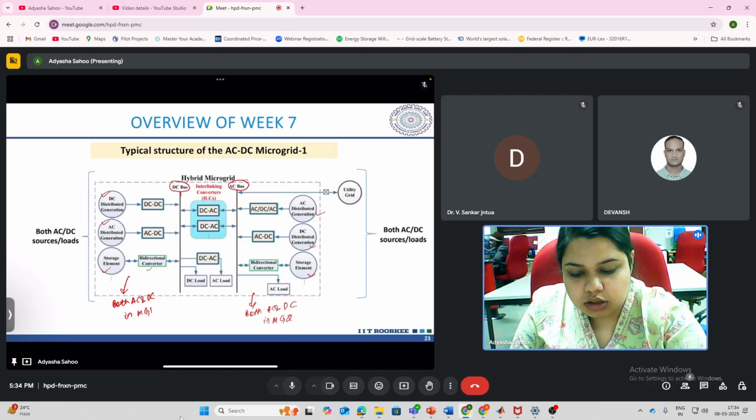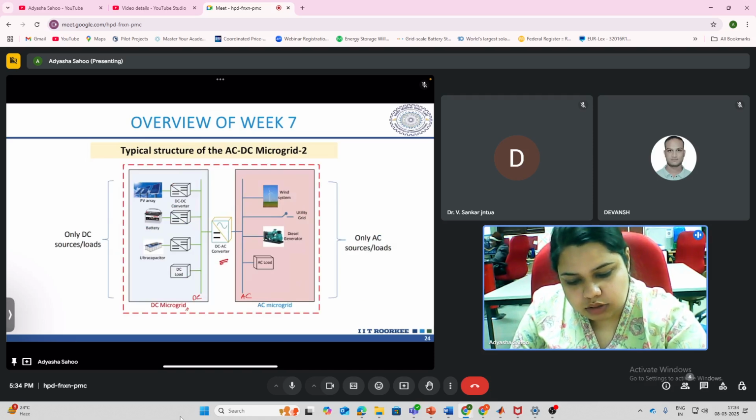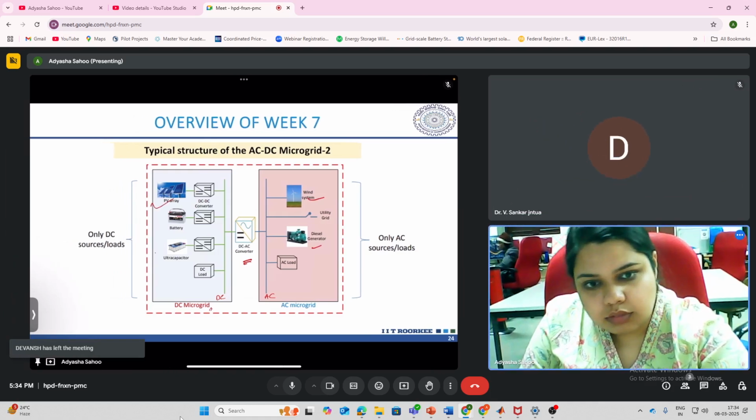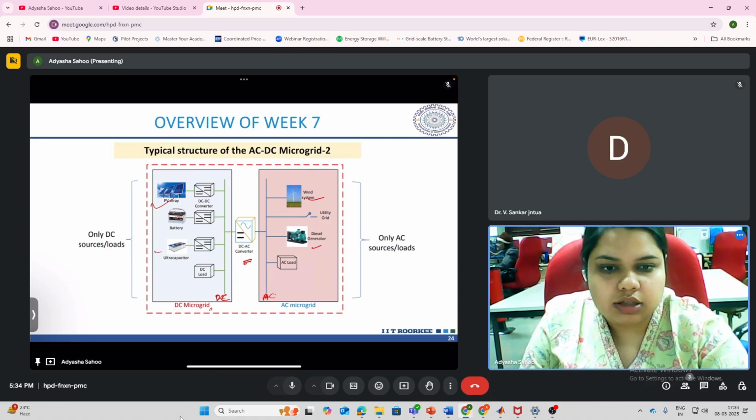So you needed a huge number of converters here, you see. But if you have a pure AC microgrid, here all resources are AC and here all resources are DC. Then you have a pure DC bus, pure AC bus, so the number of converters required is drastically reduced.